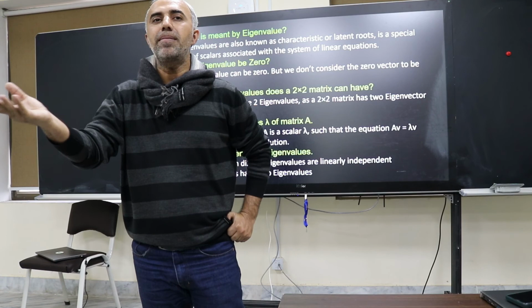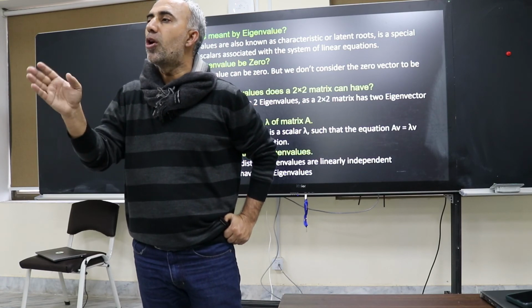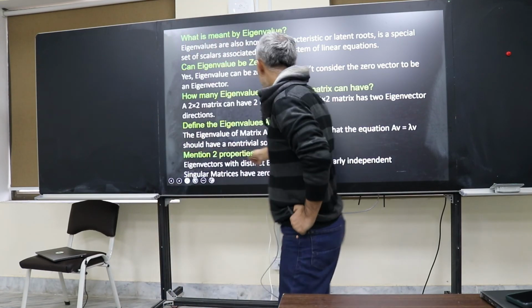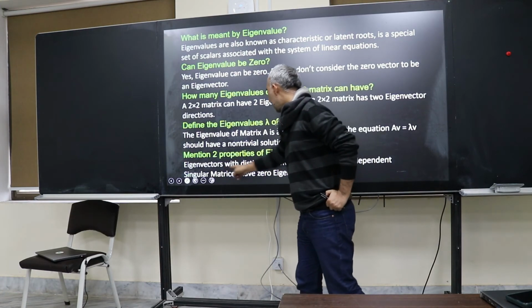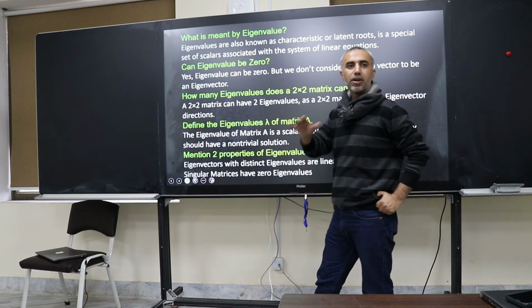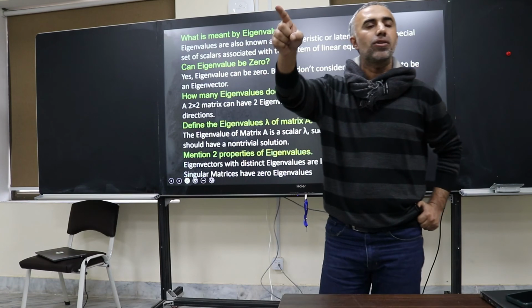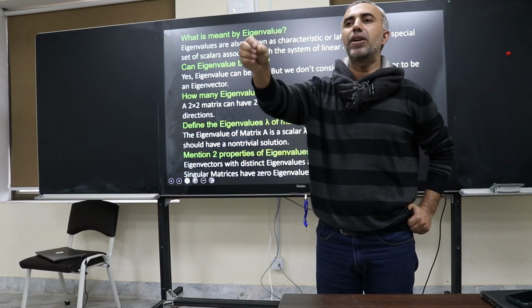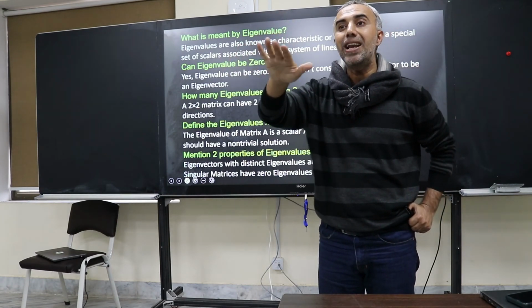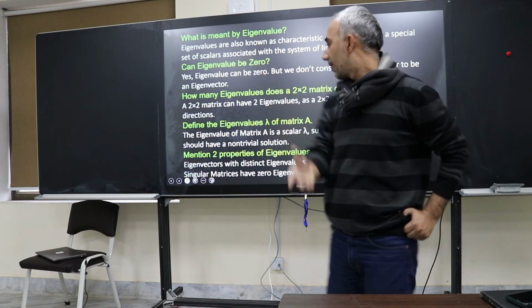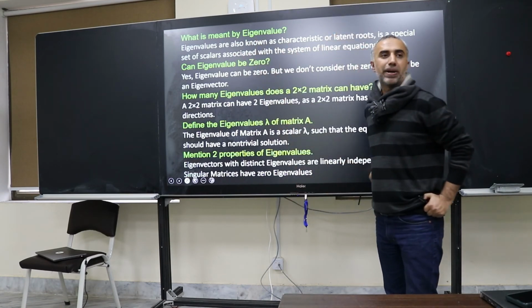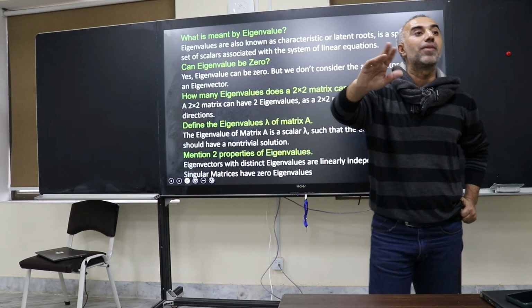Everyone is appreciating him, not me. So remember, eigenvectors with distinct eigenvalues: he is getting 100 out of 100, I am getting 0 out of 100. So the eigenvalues are distinct, then the eigenvectors are linearly independent. We are not depending on one another.